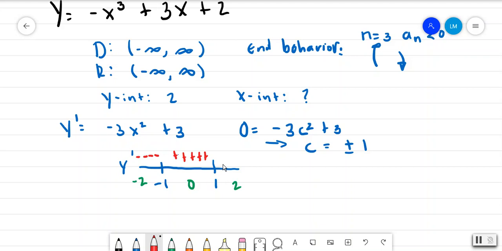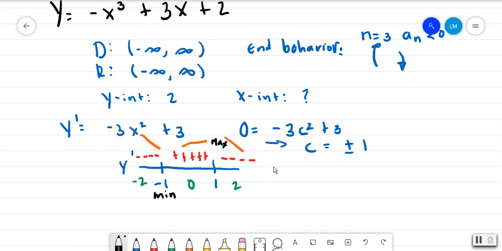If we plug in 2, we have basically the same thing: it's going to be negative. That means that the graph of the equation is decreasing, increasing, and then decreasing, which means that technically now we know what we have. We have that there's a min, and we have that there's a max.